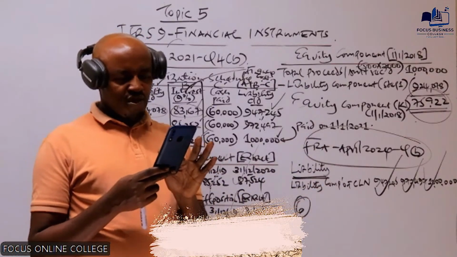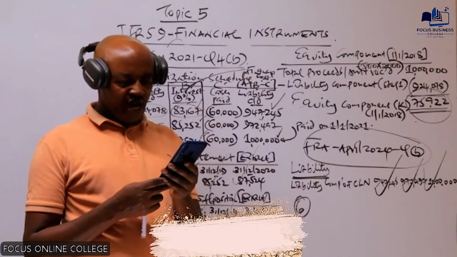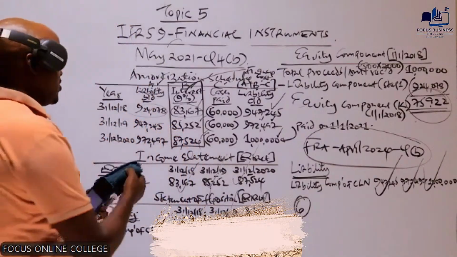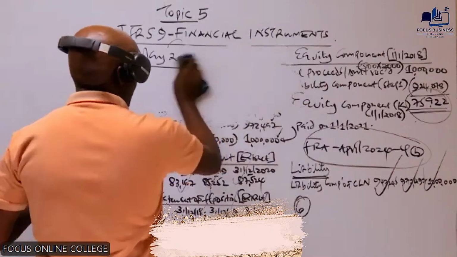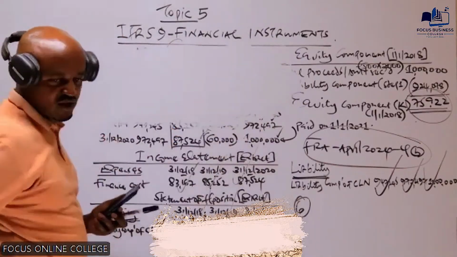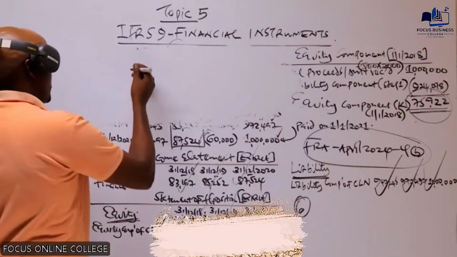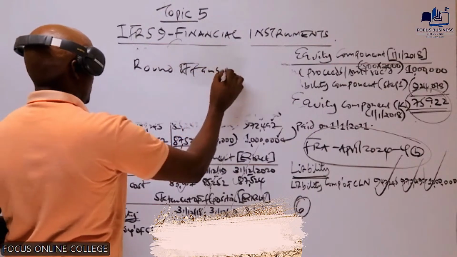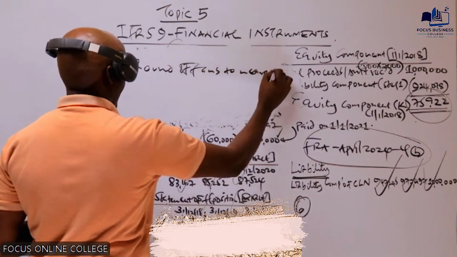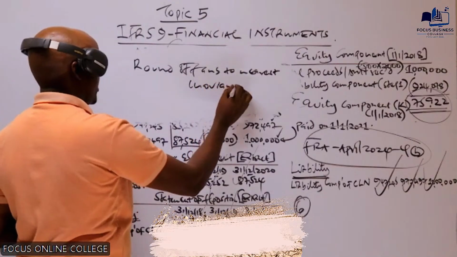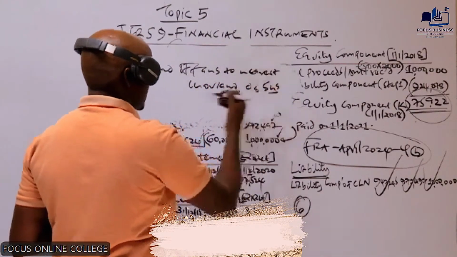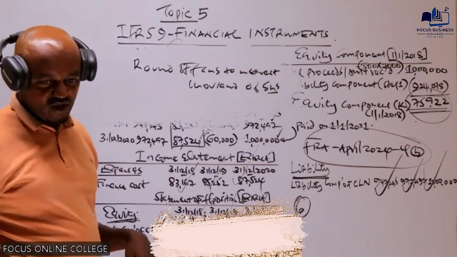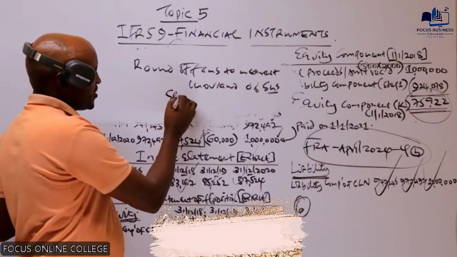If you go to the requirement, you are told to round off your answers to the nearest 1,000 of shillings. So if you are given those instructions by the examiner, that means that when, for example, preparing the amortization, you work your figures in 1,000 of shillings.